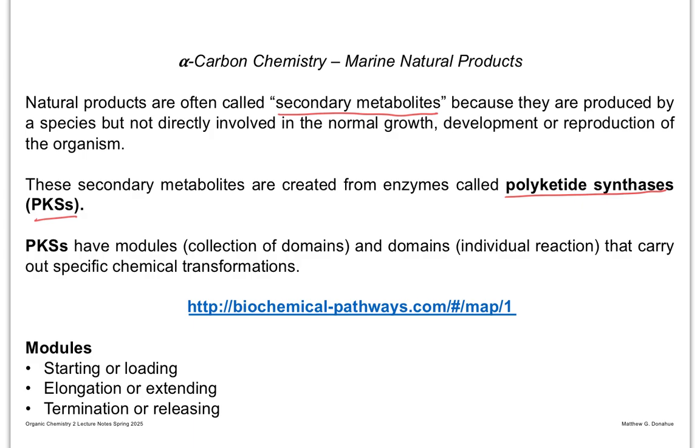And so these PKSs have these modules, which are collections of domains, and then the domains carry out individual reactions. So on this link, which I have a screenshot on the next slide, is going to show you how complex this can actually get. The modules start or load, elongate or extend, and then terminate or release.